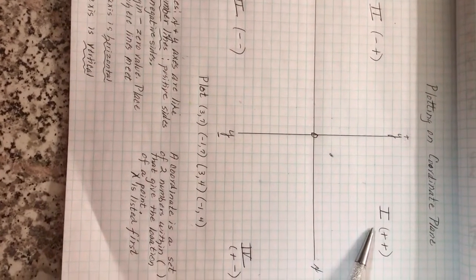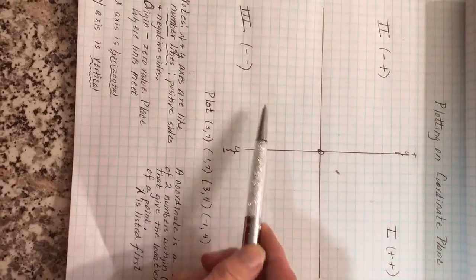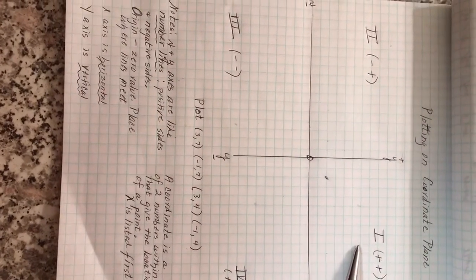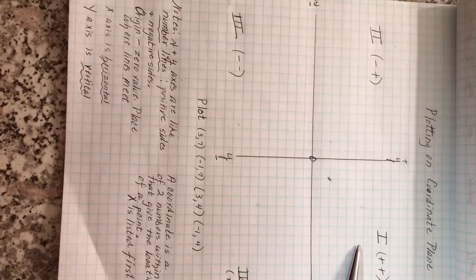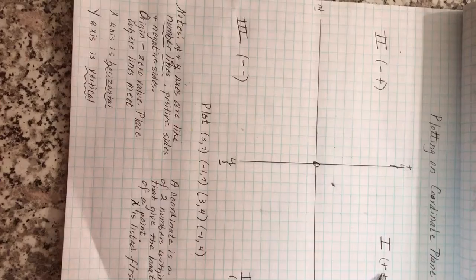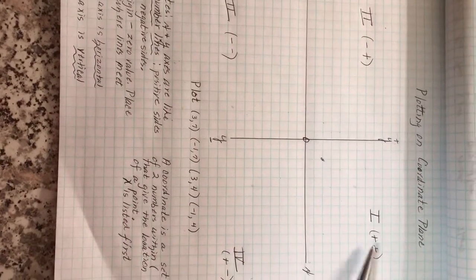This is quadrant 1, 2, 3, and 4. Many of you did the reverse, and that's why you got wrong answers on the sheets that you handed in yesterday. Quadrant number 1 is probably number 1 because both numbers are positive in the coordinates.